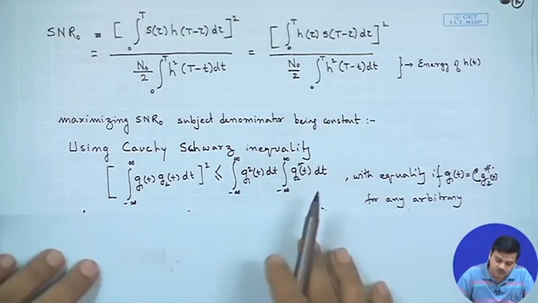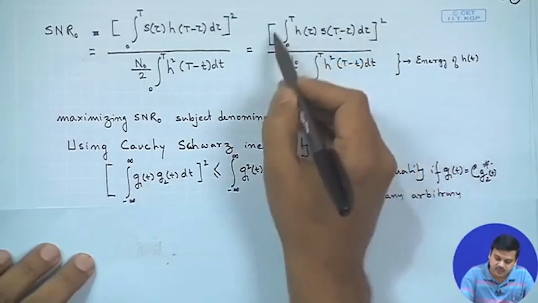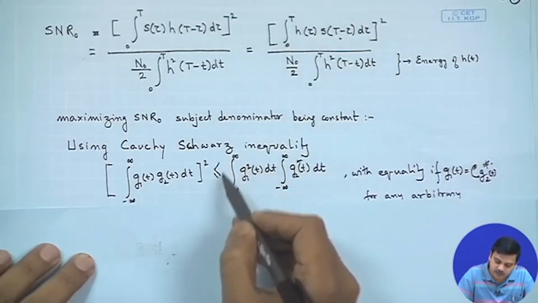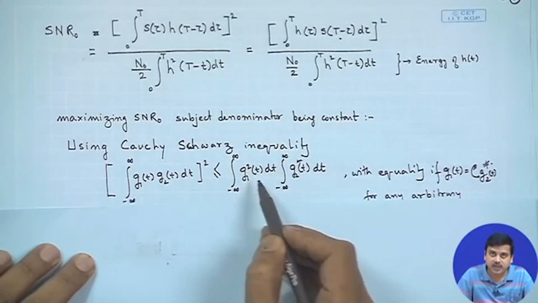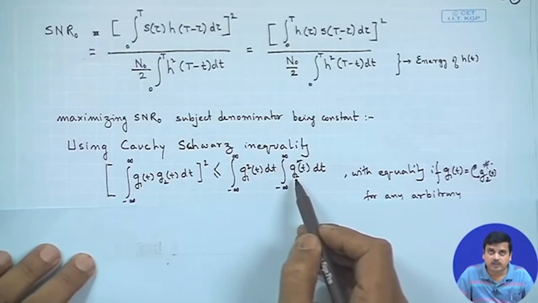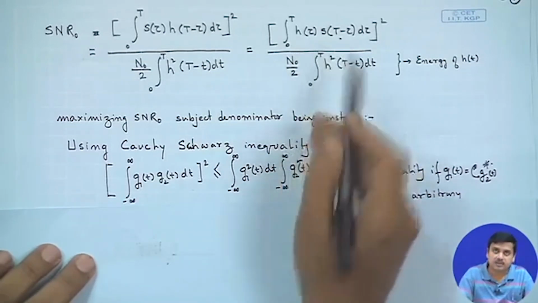So, by looking at this expression and the numerator, this expression is less than or equal to the integration of the squared of h and the squared of g. The best value that we can get out of this is when it is equal.